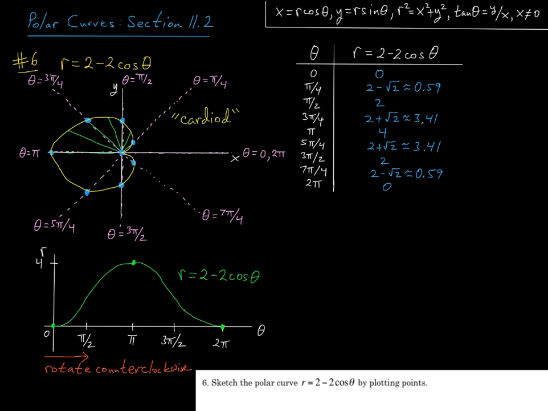And then we're going to decrease that radial distance back to 0 as we rotate through this angle from pi to the angle 2 pi. Okay, so that's what you want to have in your head there, thinking about how this curve in the r theta plane relates to our curve in the xy plane.